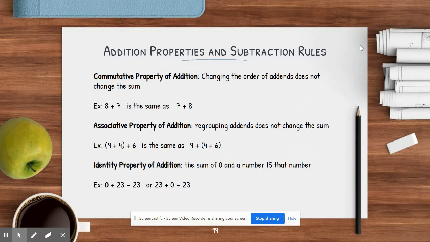But my question to you, Ellie, is this: how do I teach my brain that the problem that has the parentheses goes with the word associative property of addition? How can I train my brain that this property name goes with the one that has the parentheses and not that one?